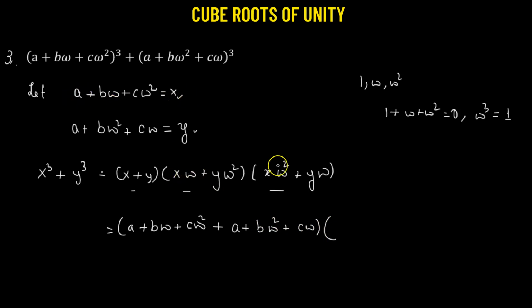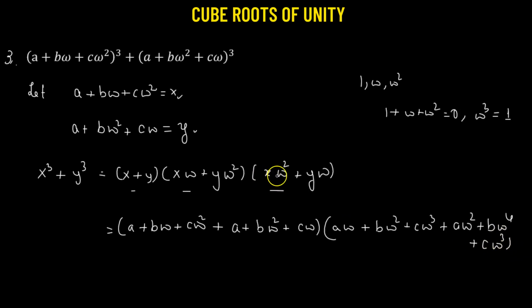So x multiplied by omega: we multiply omega to each of the terms of x, so that will be a omega plus b omega squared plus c omega cubed. This is added to y times omega squared. We'll take each of the terms of y and multiply it with omega squared, so we'll get a omega squared plus b times omega raised to the power of 4 plus c times omega raised to the power of 3.